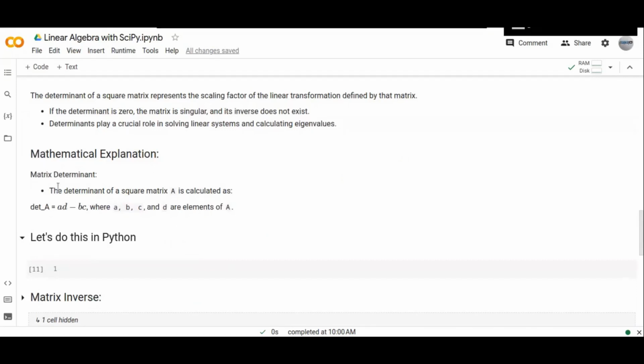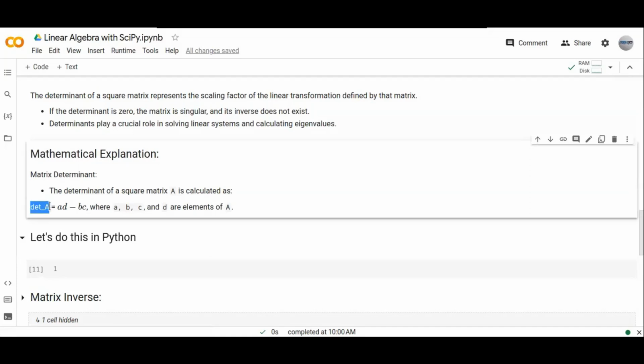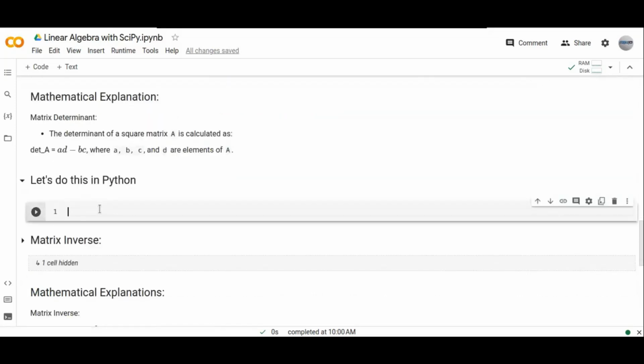Mathematically, the determinant of a square matrix A is calculated as AD minus BC. This is the formula used to calculate the determinant of matrix A, where A, B, C, and D are elements of matrix A. To do this, first of all, let's import libraries.